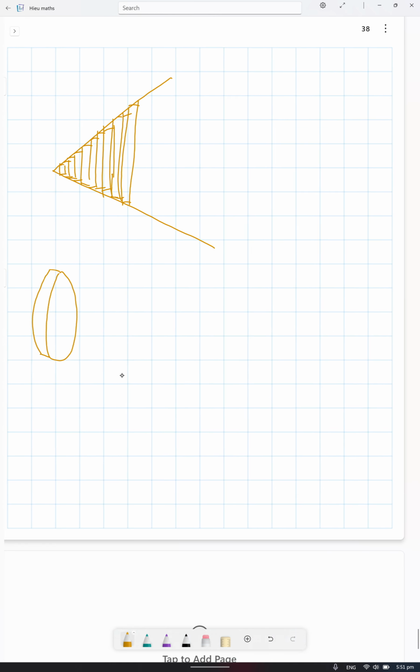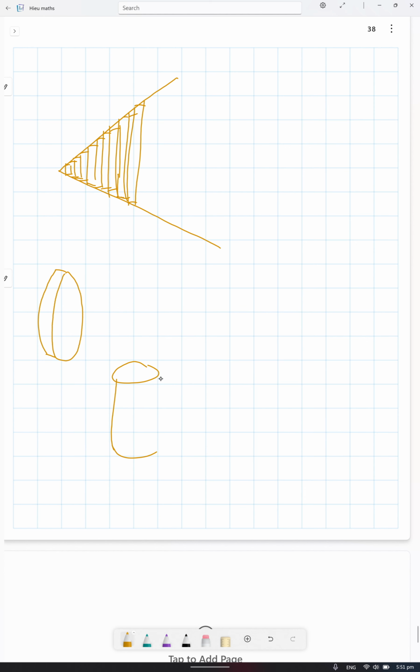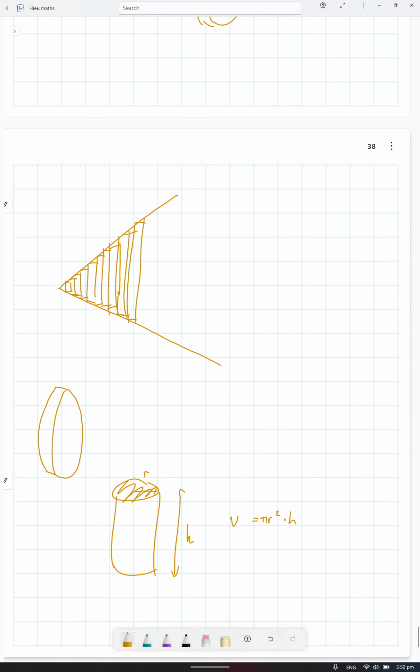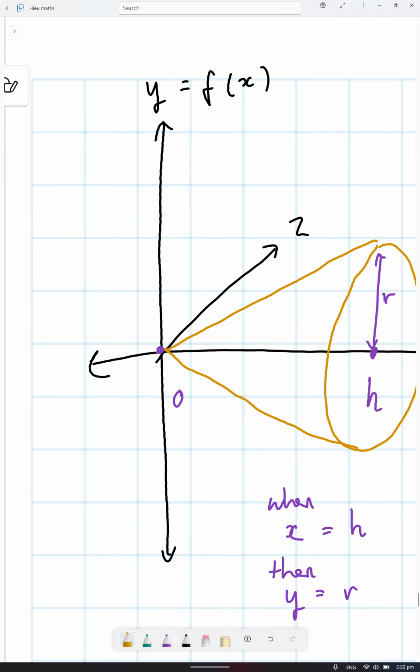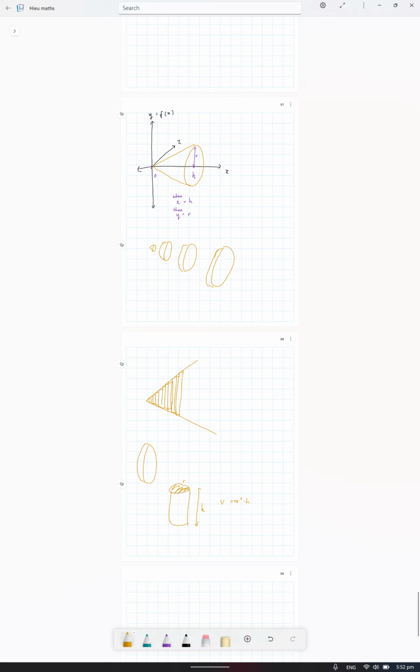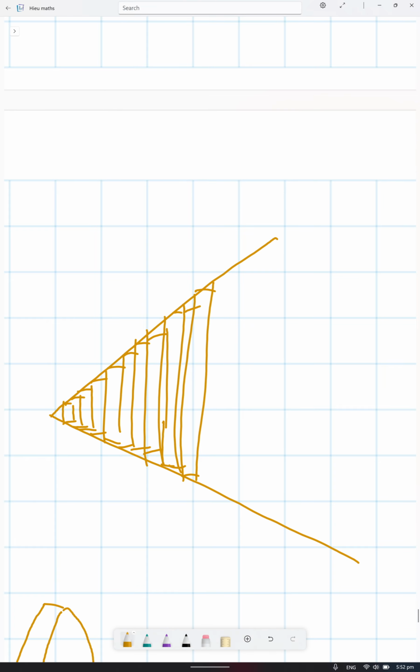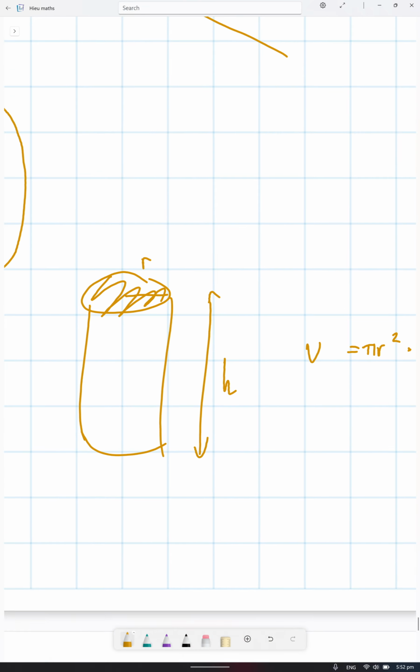And that's just a cylinder, and a cylinder we know the equation for. The cylinder has radius R and height H, and the volume of a cylinder is pi R squared, the area of the circle, times H. So what we have to do is split the cone into so many slices that it turns into cylinders, which we can then use this formula on.